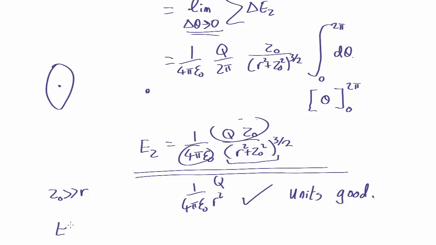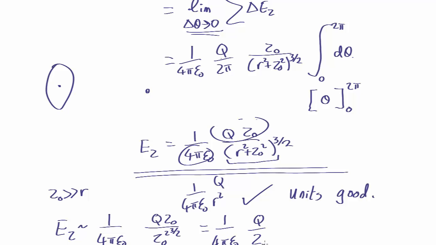So Ez is going to be approximately equal to 1 over 4 pi epsilon naught, q z naught over z naught squared to the 3/2, which comes out as 1 over 4 pi epsilon naught, q over z naught squared, which is Coulomb's law, with the right constants. So this seems to check. It behaves correctly in the limiting cases, its units are good, it gives the same answer as the numerical calculation. All looking good.